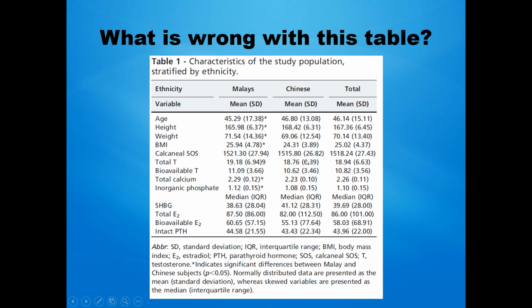Okay, meaning that these parameters are continuous and normally distributed, and these parameters are continuous but skewed. That's why the median would better represent the central tendency of the data. Okay, did the authors indicate the meaning of these stars? Okay, it's indicated in the legends, whereby the stars indicate significant differences between Malay and Chinese subjects.